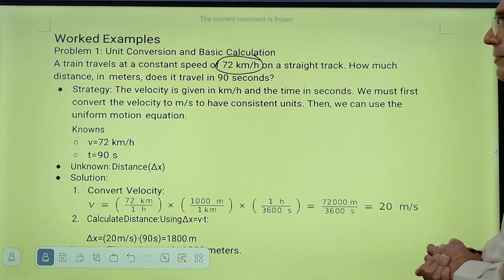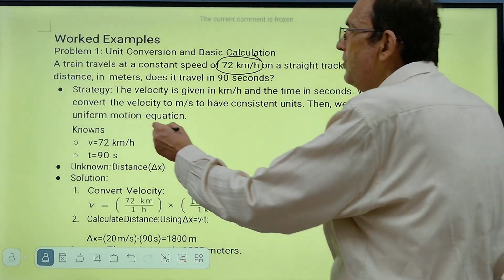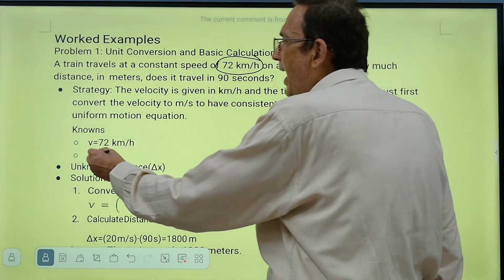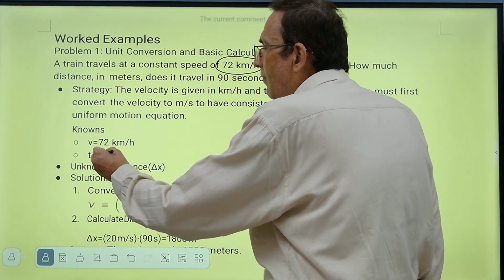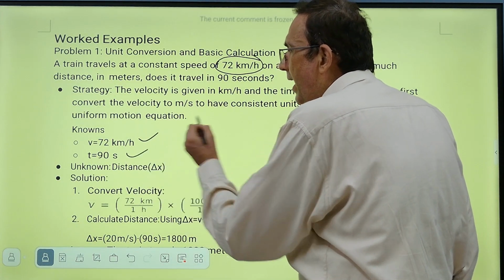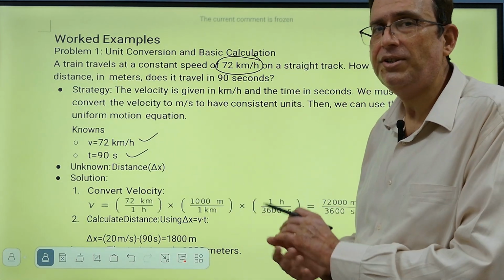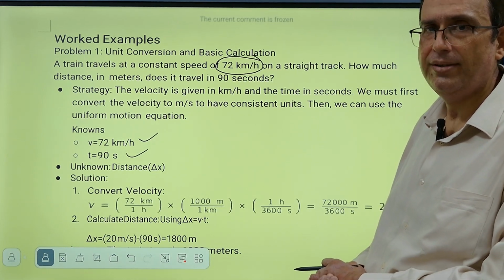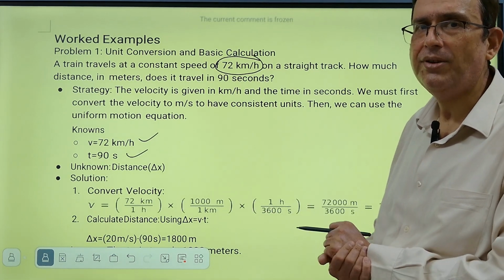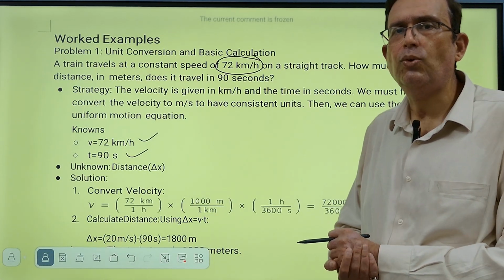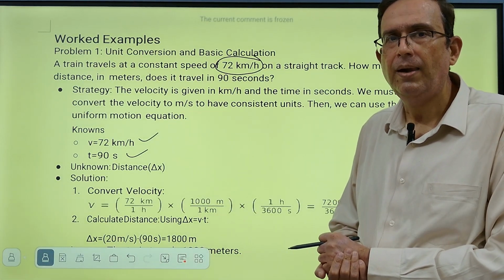That is the question. So the velocity is known to be 72 kilometers per hour and the time it has taken to cover the distance is 90 seconds. So this is the velocity and this is the time. We want to know how much displacement it has undergone. What is the total unknown distance? Because it is a one dimensional problem and the object is moving in one direction only, the distance is going to be the same as the displacement.